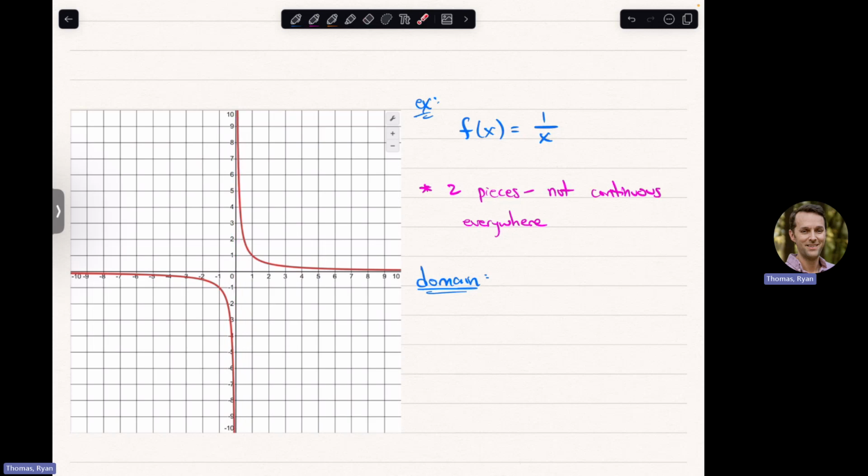What that tells me, and if you want, you can graph this in Desmos and zoom in and move it around all day long, is that what you're always going to see is a little gap. See how there's a little gap between the y-axis and the actual function? That gap's always going to be there, because if you think about trying to plug 0 into this, you get 1 divided by 0, which is undefined.